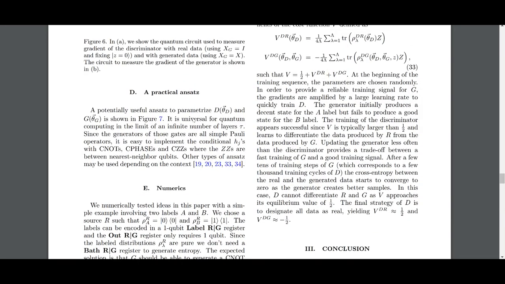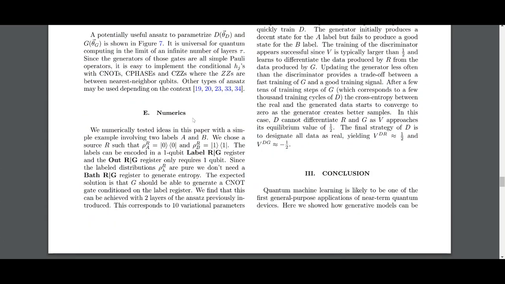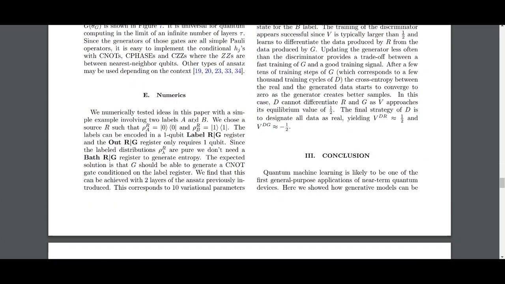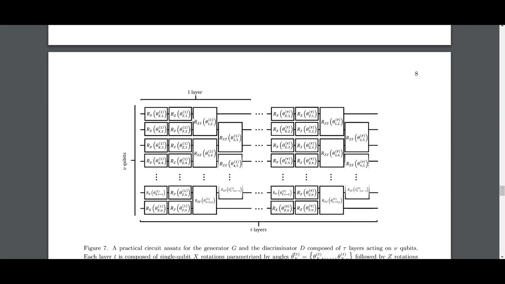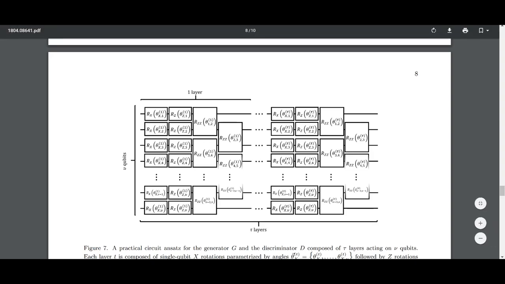It's really 2 qubits, right? Because it's only the label RG and the out RG. So this really is it.